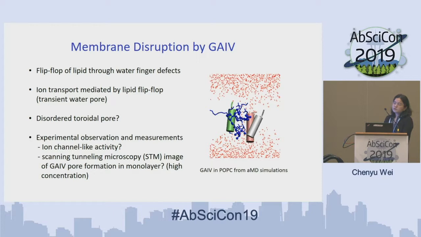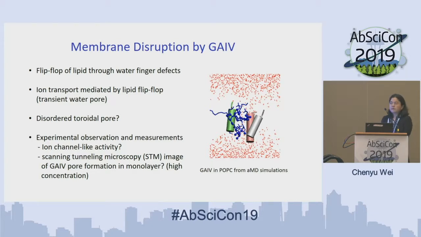During this process, it can introduce a transient water pore, and through this transient water pore, ions can also be transported through the membrane. This is similar to the toroidal pore that people have long proposed for some activity of antimicrobial peptides. So this confirms that it is possible.